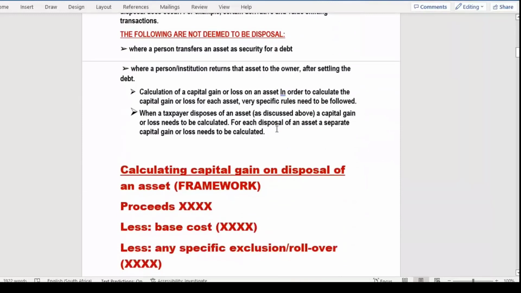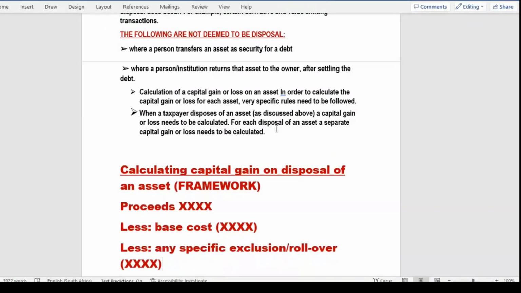The calculation of the capital gain on an asset. In order to calculate the capital gain or loss for an asset, very specific rules need to be applied. Whenever a taxpayer disposes of an asset, as discussed above, a capital gain or loss needs to be calculated. For each disposal of an asset, a separate capital gain or capital loss needs to be calculated.